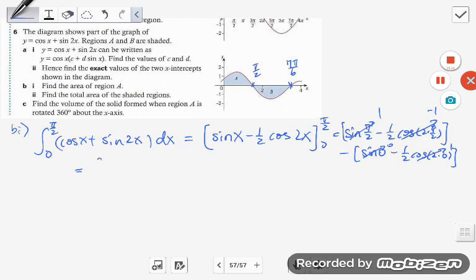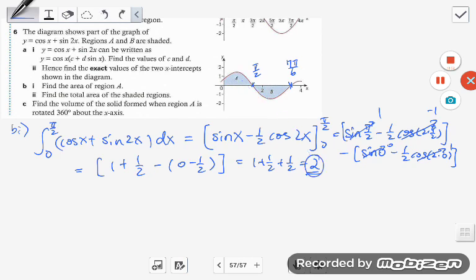So I will have 1 plus half, minus 0 minus half, so minus becomes positive. I will have 1 plus half plus half, which is 2. Okay, that's my B1, and this is only the area of A.